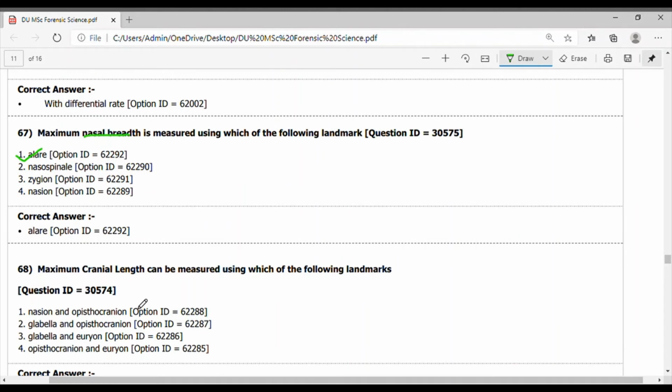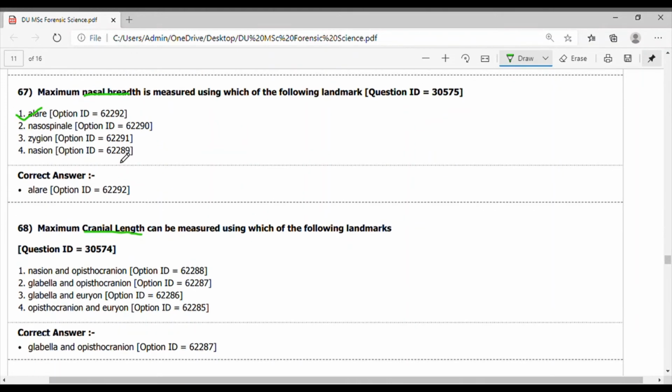Maximum cranial length can be measured using which of the following landmarks? Earlier it asked about the nasal breadth and now the cranial length, and it is done using option B, glabella and the opisthocranion.